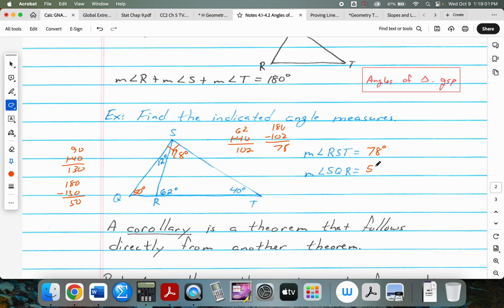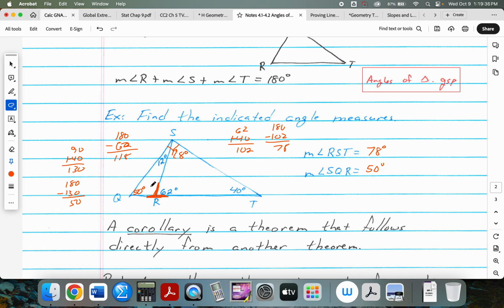There is a different way to approach this rather than using the big triangle. Yes? SRT and SRQ are a linear pair. Yep, hang on, let me show everybody what you're talking about. Right here, these two are a linear pair. Go on. And so if you find that angle, SRQ, which is 118 degrees, we'll find that by subtracting 62 from 180.